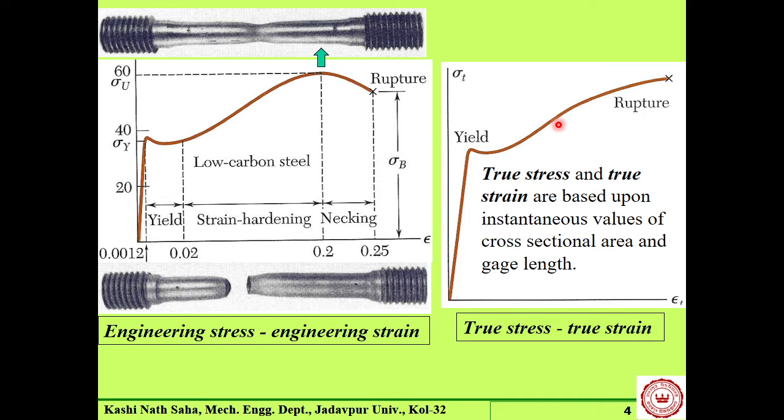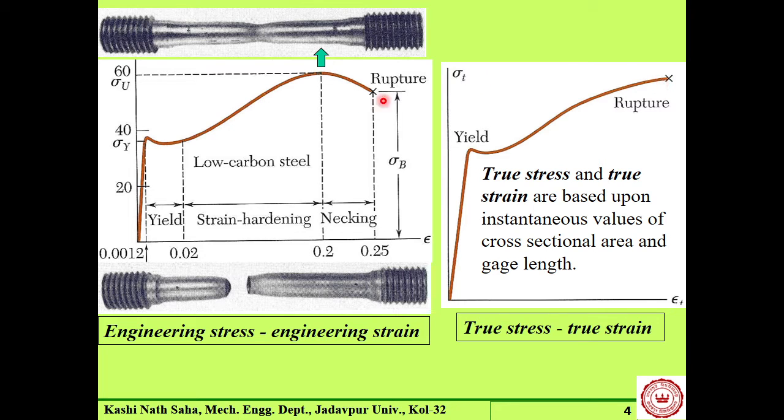So, from this point of necking, there is actually an increment in its stress value. That means this is the strain hardening part. Strain hardening occurs up to the rupture point.